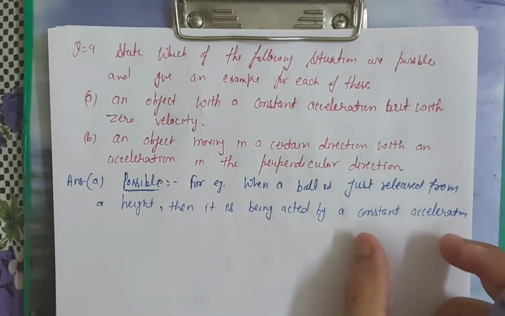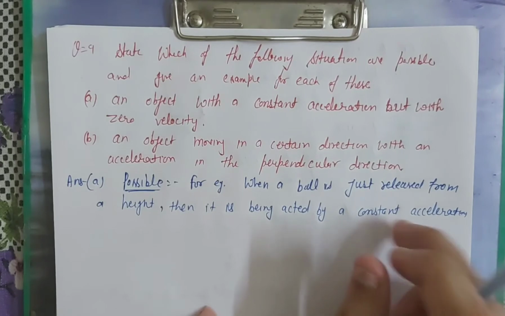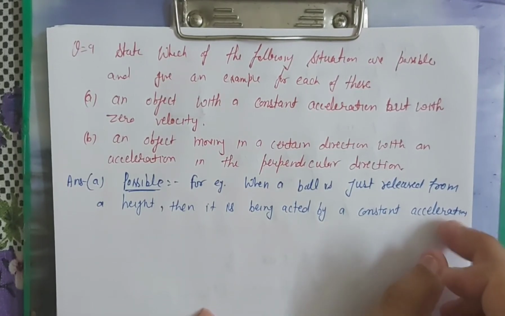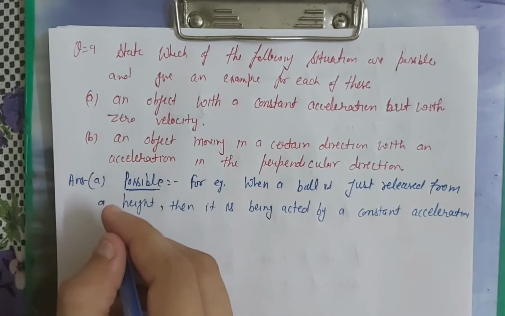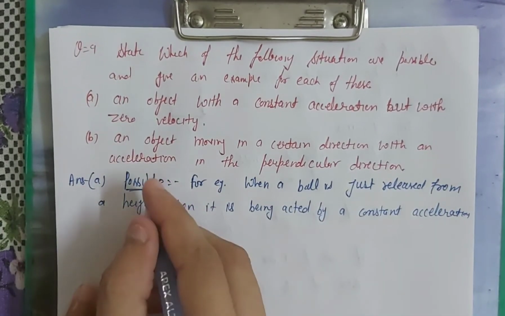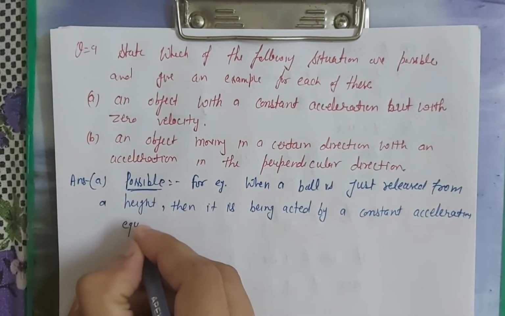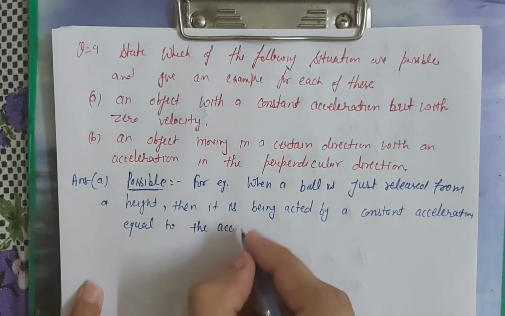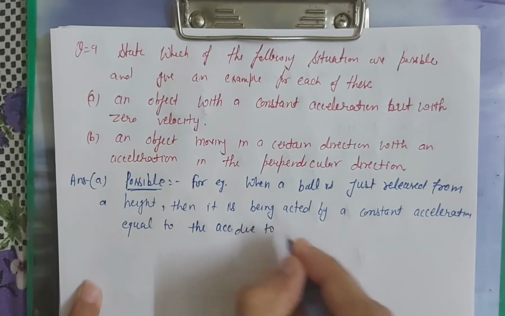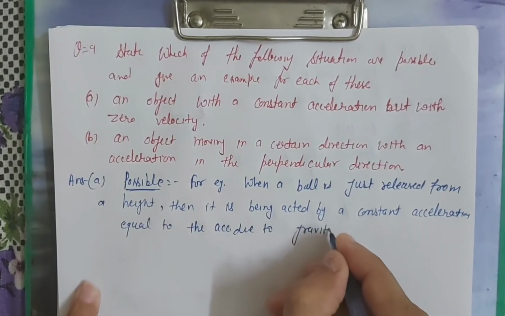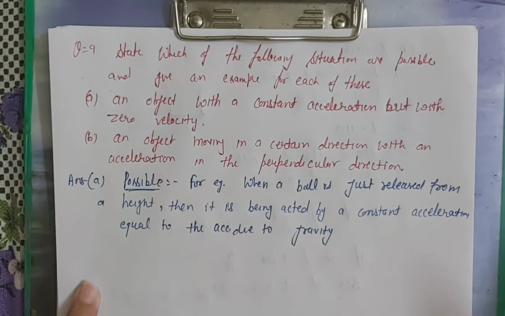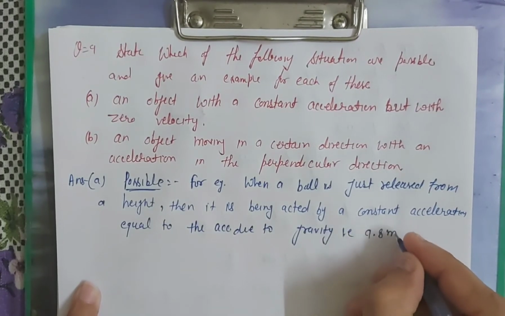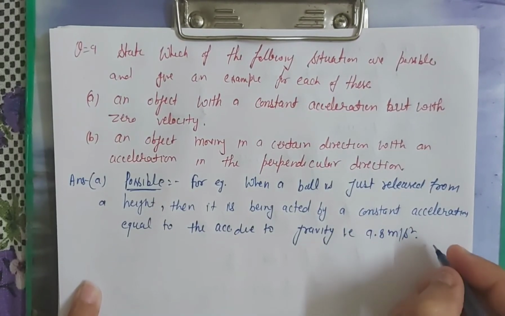On the ball there is a constant acceleration. And which acceleration is there? The acceleration due to gravity is present. Then the constant acceleration is equal to the acceleration due to gravity. What is the value of acceleration due to gravity? That is 9.8 meter per second square.